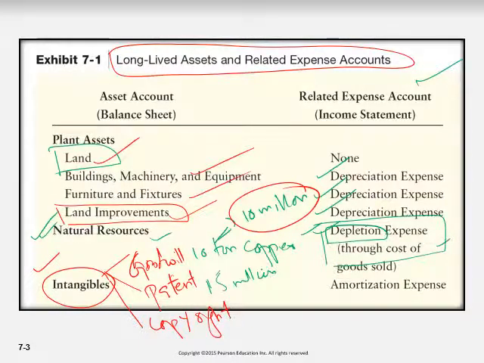There are many others, like intellectual property. So if you purchase one for, for example, 10 years, every year you reduce its value, and we call that amortization, right? All those are related to income statement expenses. So let's explore all these further.